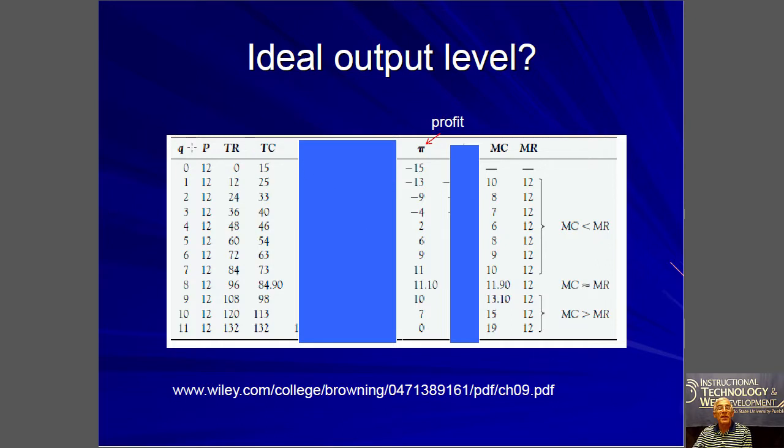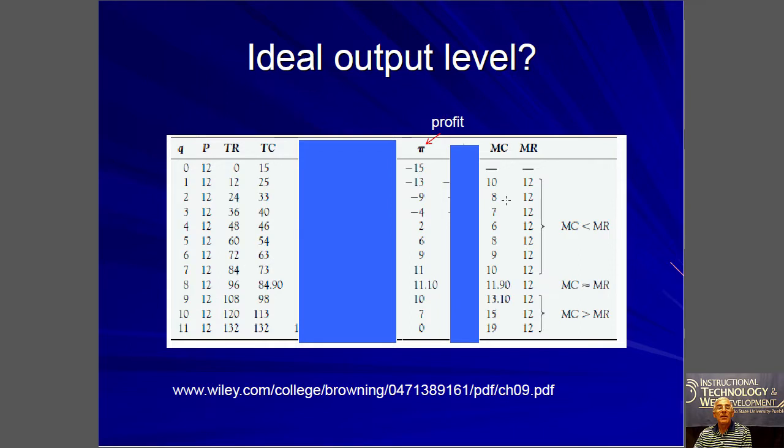What we just covered was the total revenue, total cost approach. Marginal revenue is the additional revenue achieved when you make and sell one more unit. Marginal cost is the additional money you're taking out of your pocket to make that next unit.